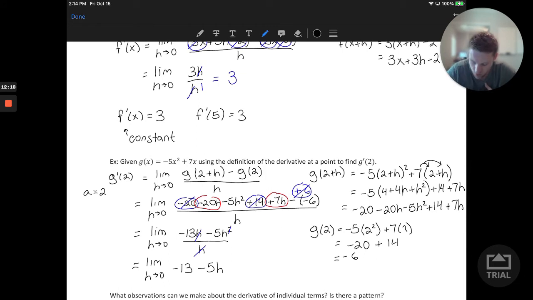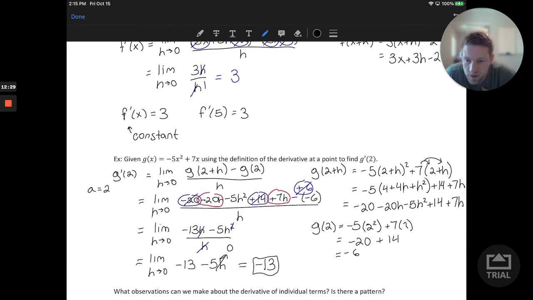As h goes to 0, this term will go to 0, and so we'll be left with that constant, negative 13, for that limit. And therefore, that's going to be our derivative, g prime of 2. So the derivative at 2 is going to be negative 13.